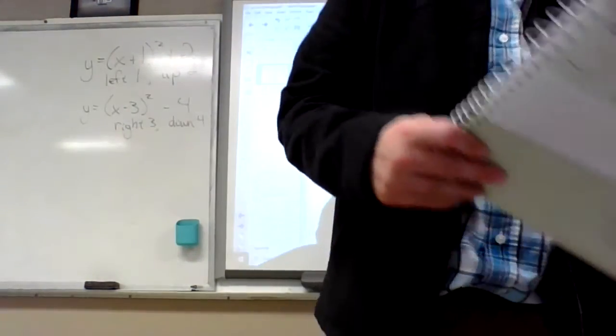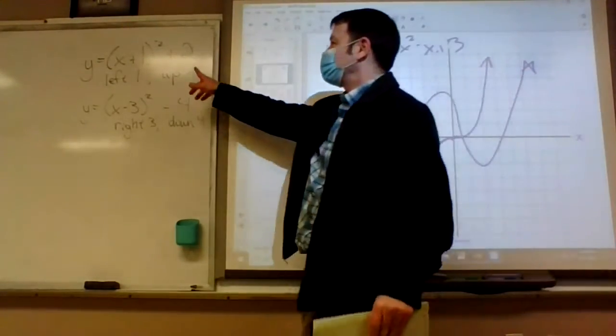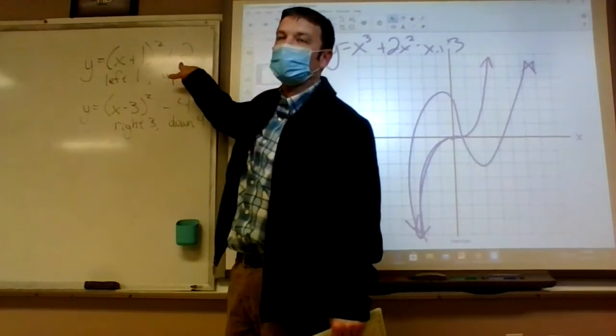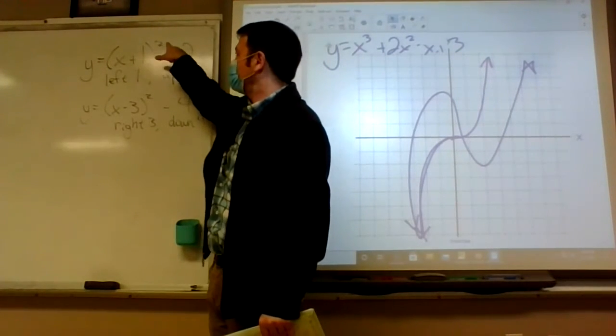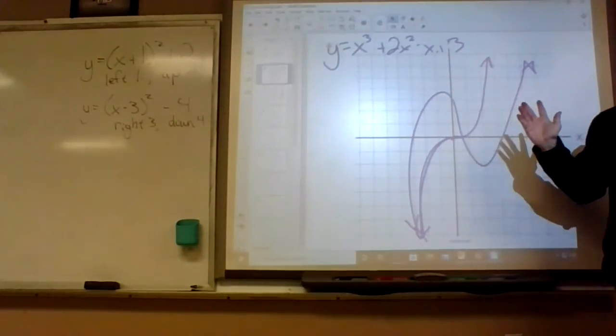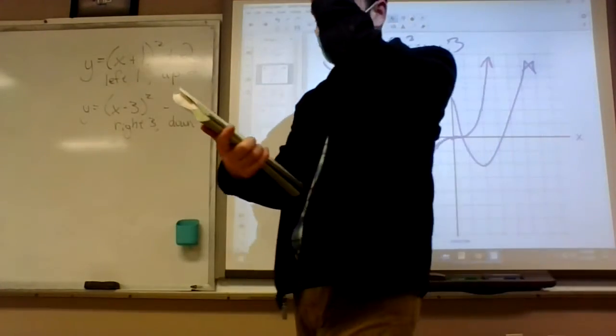Watch out for 34 because it's different than the other three. But the way it moves does not change. It doesn't matter if there's a squared or a cube there, that's still going to be left 1, up 2 no matter what. It doesn't change how it moves, it just changes the shape of the graph. We're not actually drawing the shape, so we don't have to worry about that part today.